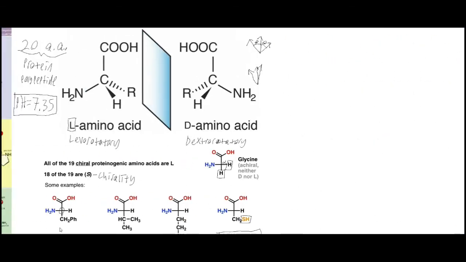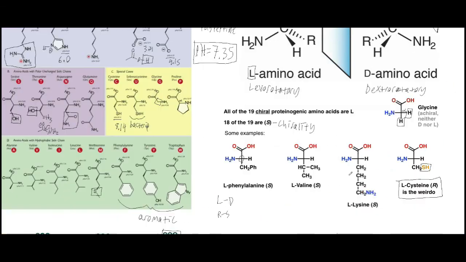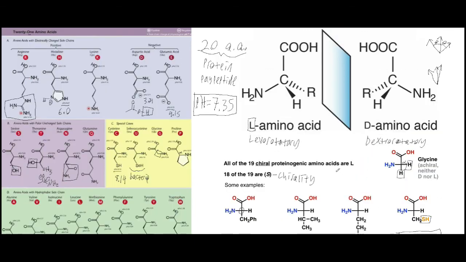And so I think that was everything I wanted to talk about. We talked about the different properties of amino acids. They can be positively or negatively charged at physiological pH. They can be polar but uncharged. We have these special cases, things like cysteine, glycine, and proline.